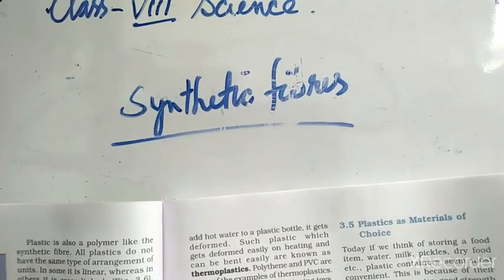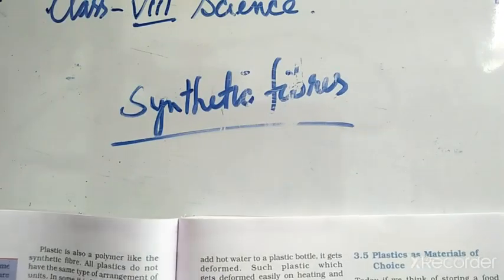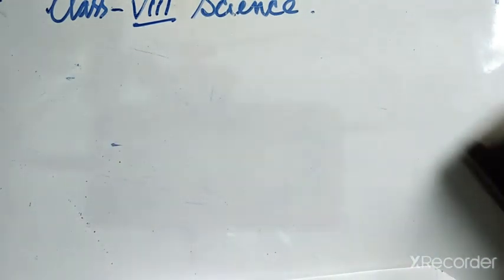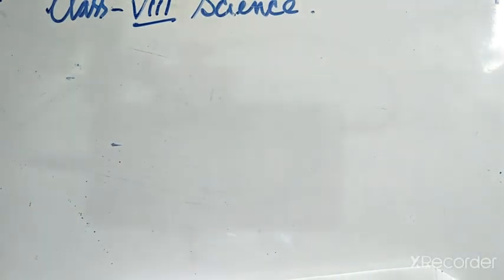Plastic is also a polymer like the synthetic fiber. And all plastics do not have the same type of arrangement of units. In some it is linear, whereas in others it is cross-linked. Plastic articles are available in all possible shapes and sizes, as you can see in figure 3.7.